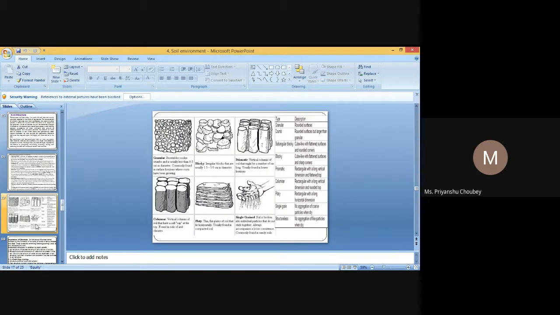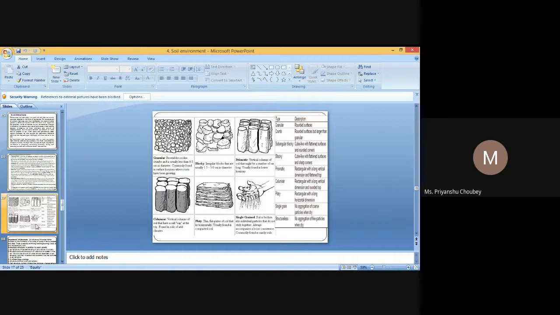In this picture, different types of soil structure are shown. First one, granular: resembles cookie crumbs and is usually less than 0.5 centimeter in diameter, commonly found in the surface horizon where roots have been growing.